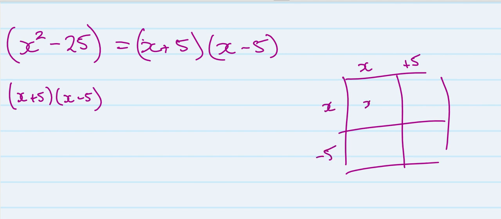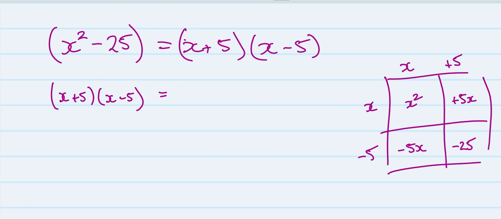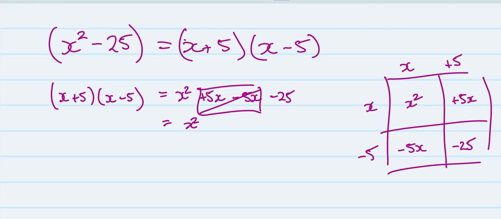The first rectangle becomes x squared, the one on the right becomes plus 5x, the one on the left becomes minus 5x, and 5 times -5 is -25. So let's write this out. We've got x squared plus 5x, take 5x, take 25. And you can see that those two just cancel each other out. So it's just become x squared, take 25.